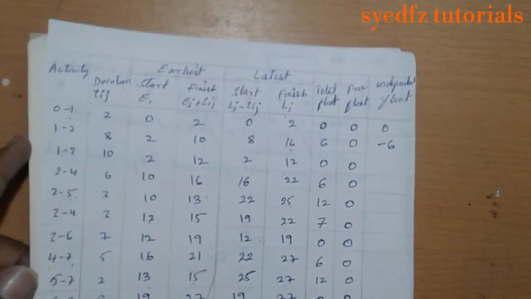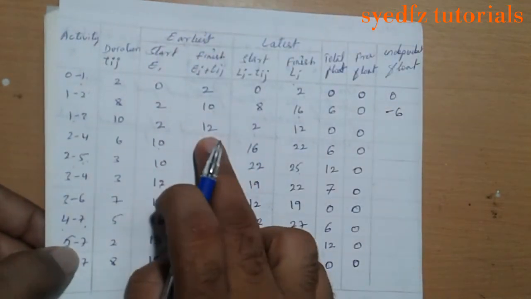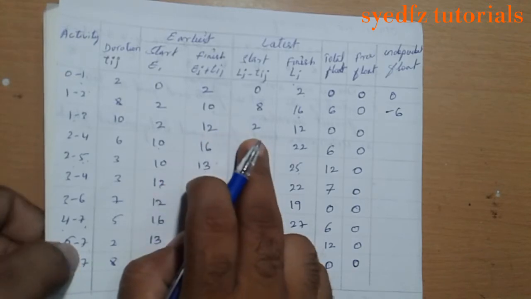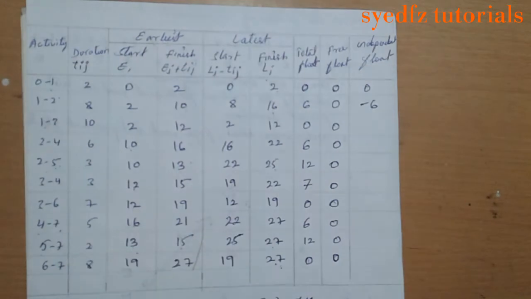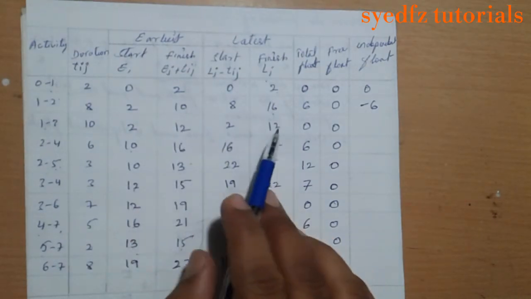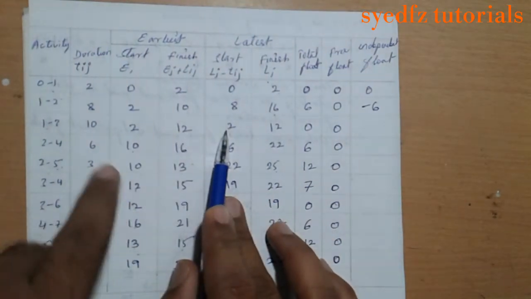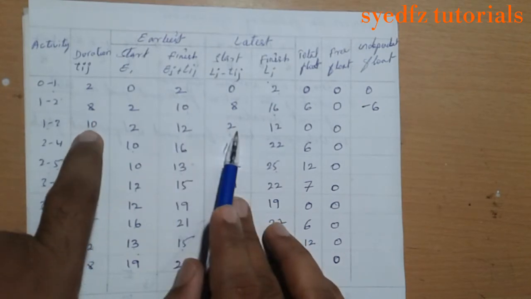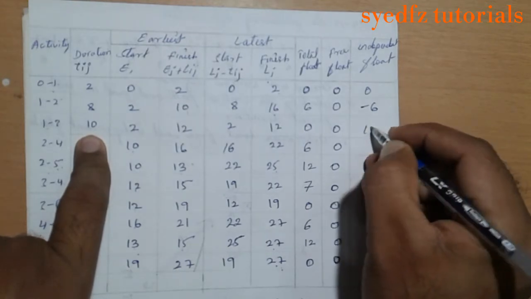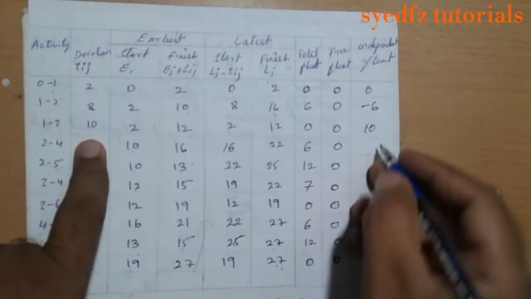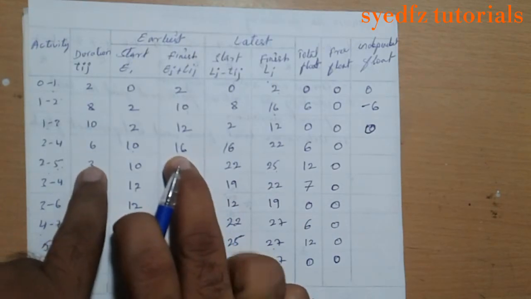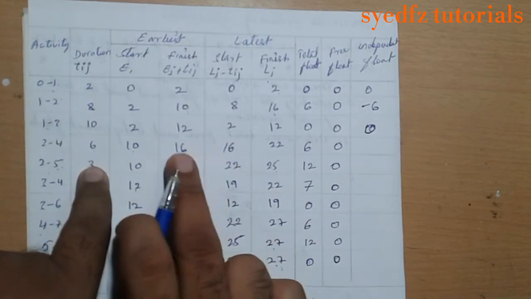Now let us finish. Earliest finish is 12, latest start is 2 and duration is 10. So do with the formula: 12 minus 2 is 10. 10 minus 10 is 0. Earliest finish minus latest start: 16 minus 16, 0.